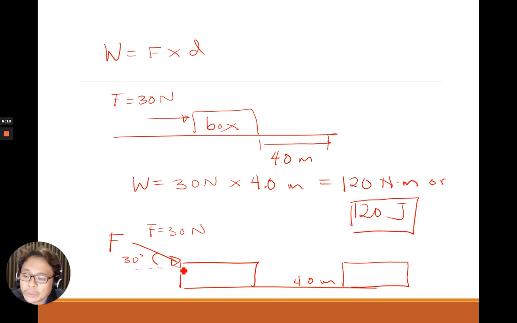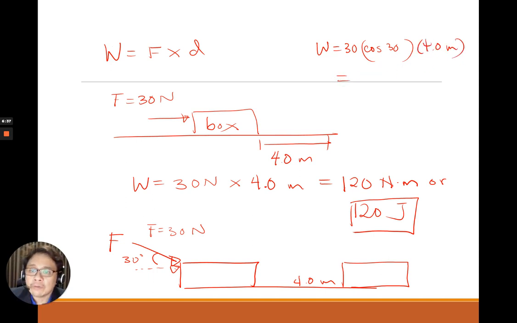So what matters here would be the F sub x, not the F sub y. So we have to get the x component of 30 newtons. That would be work is equal to 30 cosine 30 multiplied by the displacement of 4.0 meters.